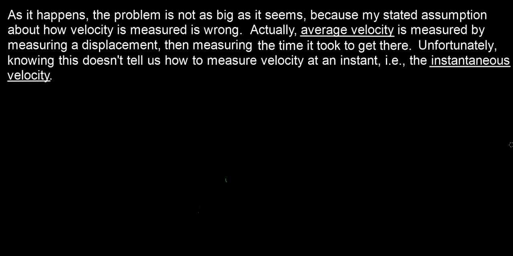This doesn't tell us how to measure velocity at an instant, though, or what might otherwise be called instantaneous velocity, right? So we see where the problem in our logic is, or my logic, I guess, as the case may be. I asserted it, but it doesn't tell us how to actually solve the problem, which is how do you find that instantaneous velocity, or the velocity of the car when that photo was taken, say, right?